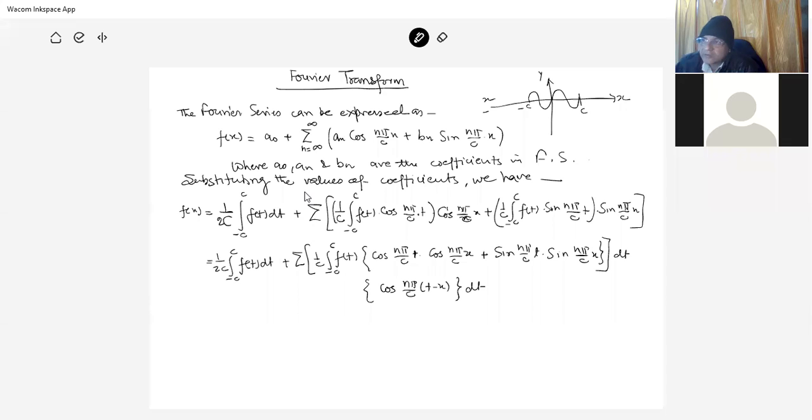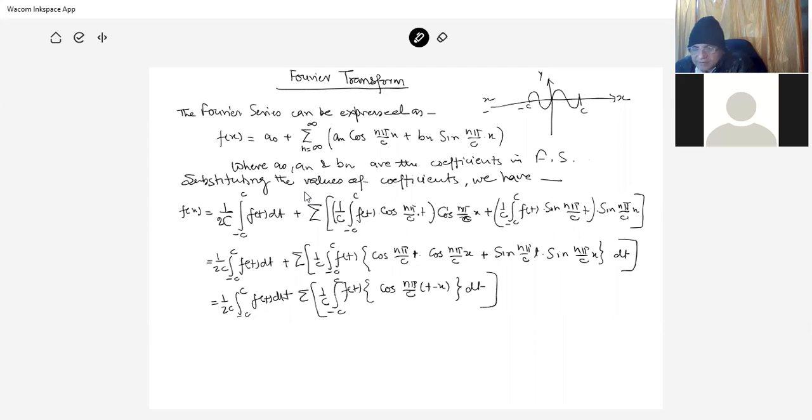Inside the bracket, you can say dt, and here it is f of t integral minus c to plus c, 1 by c, the whole integration summation of this, and this is equal to 1 by 2c integral minus c to plus c f of t dt.